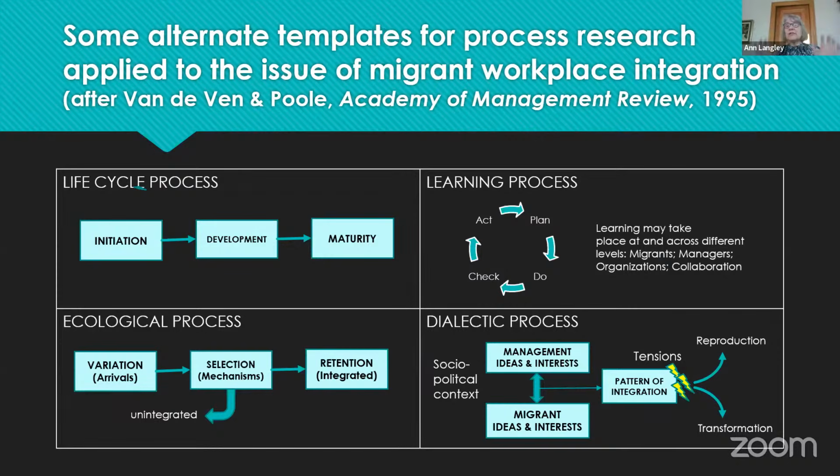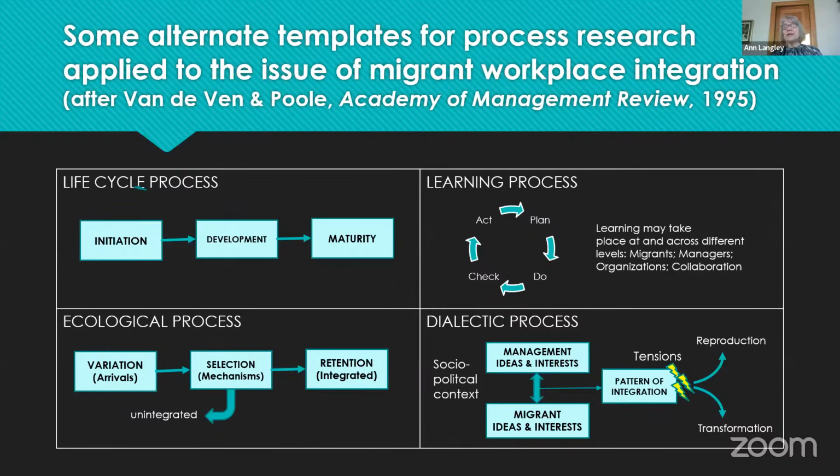So what you see here is four kinds of a priori ways that you might think about process. And I think that these are generative. The only thing I would say is, I think there are not just four. There are many a priori process models out there. Van der Ven and Poole would argue that all of these are combinations of these four, but sometimes it's interesting to consider them on their own merits.